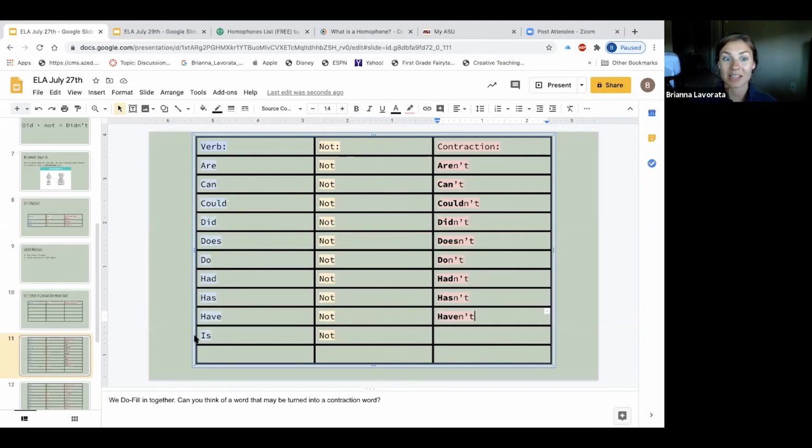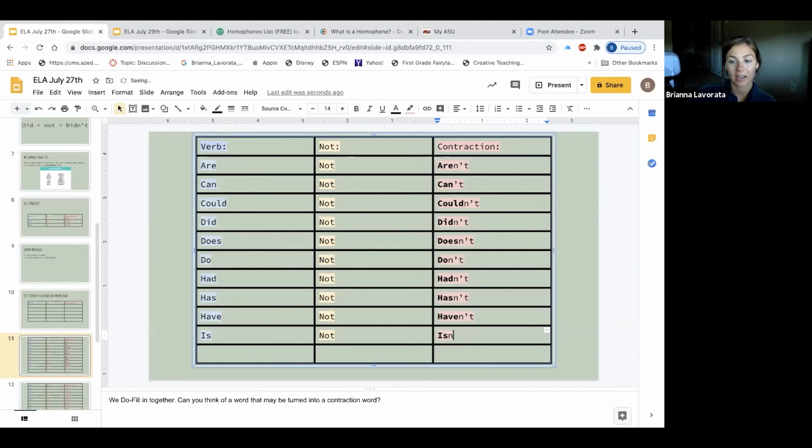We're on to our last word together. We have the word is, right? So we always write the word is first. Is not. Okay, do I write it like this? Is not. All done. That's how I contract it. Nope. Take that away. We are going to write is not.